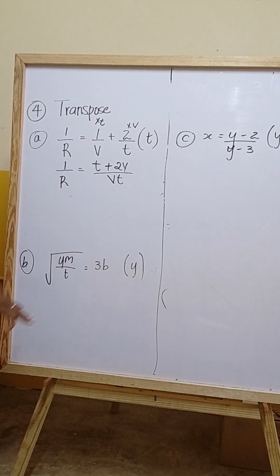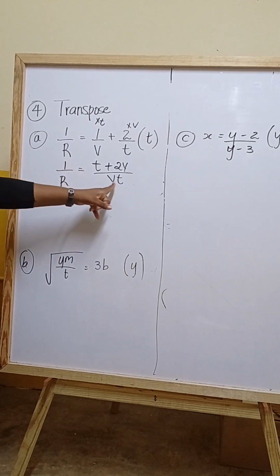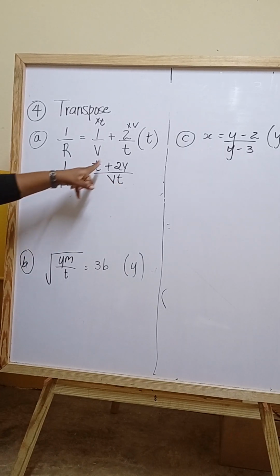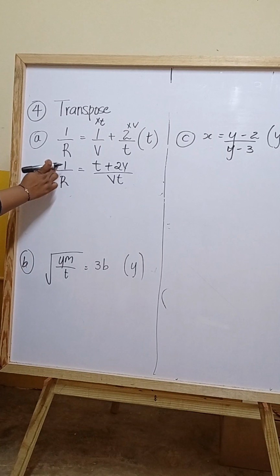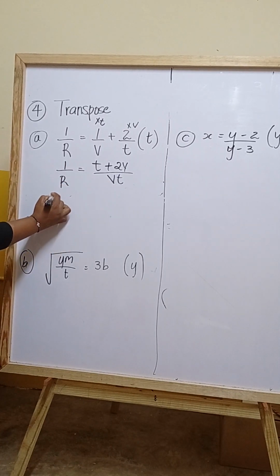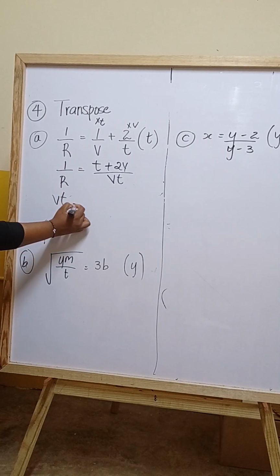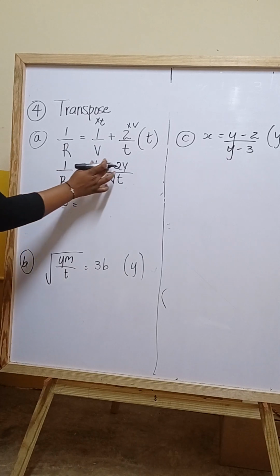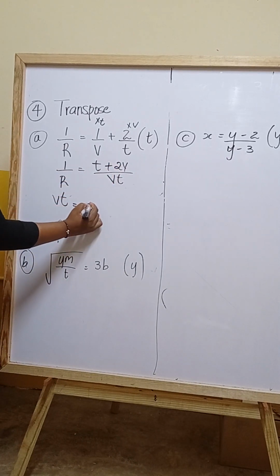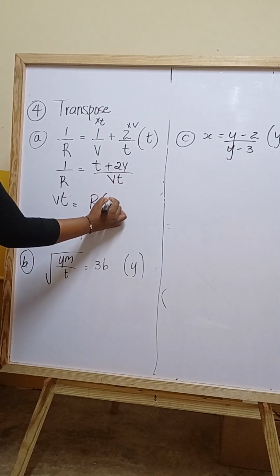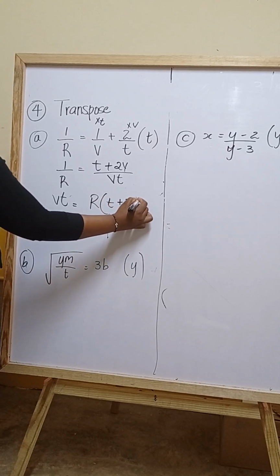At this point, we are cross multiplying. That means we're multiplying the diagonals. Numerator by denominator, denominator by numerator. So 1 times VT is VT because 1 times anything is the same thing. R times T plus 2V.